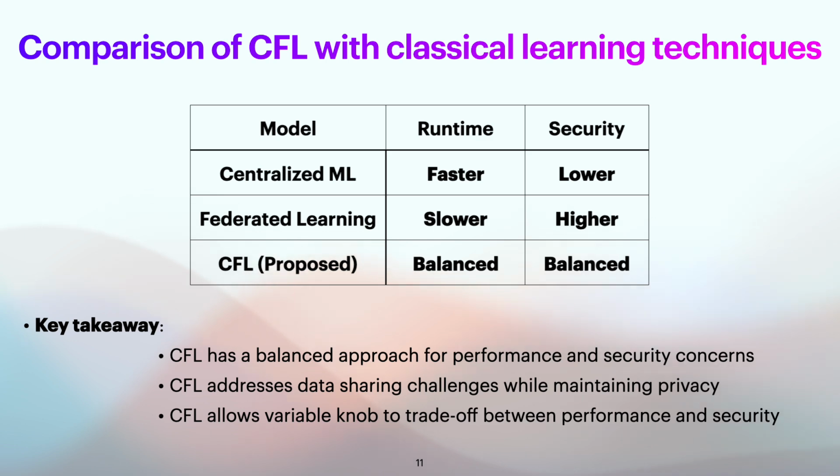So what are the key takeaways from these three scenario-based experiments? One is that the proposed method takes a balanced approach to performance and security concerns. Second, in data sharing situations, the data still gets shared, but privacy is still maintained. It's not the case that private data gets compromised.